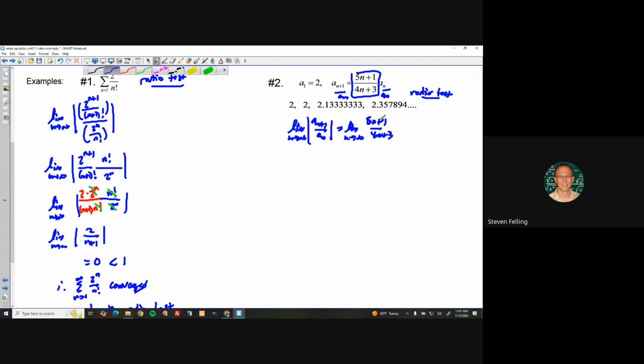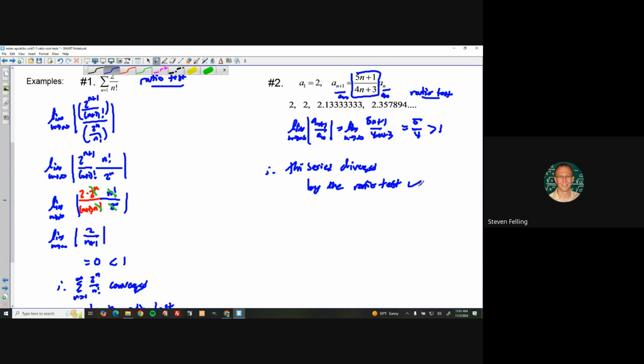And so that, because these are the first degree, both of them the same degree, is just equal to 5/4. Because that's greater than 1, we can say this series diverges by the ratio test.